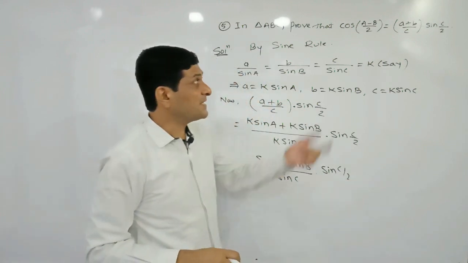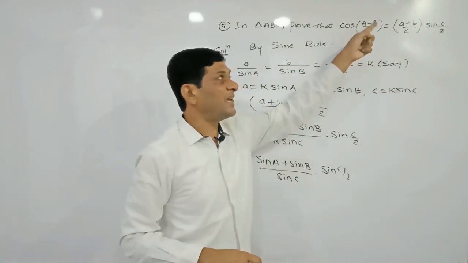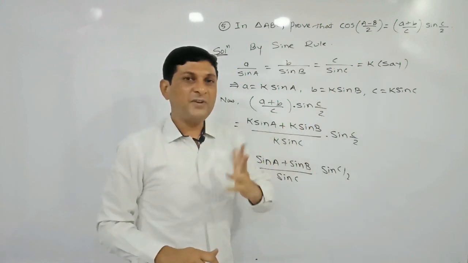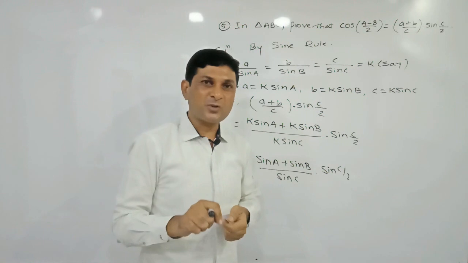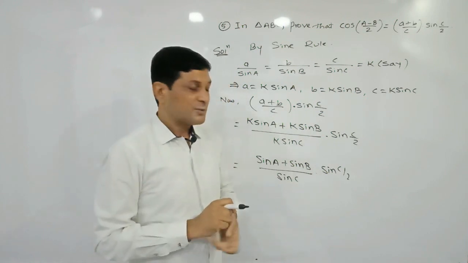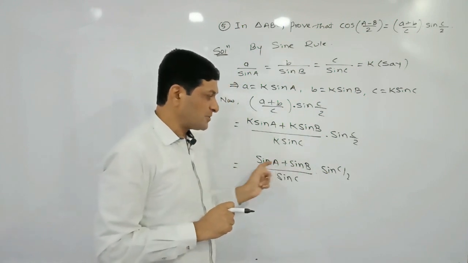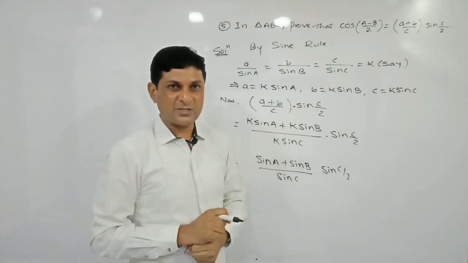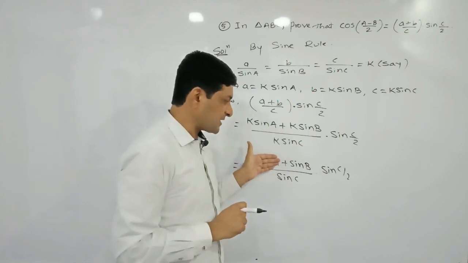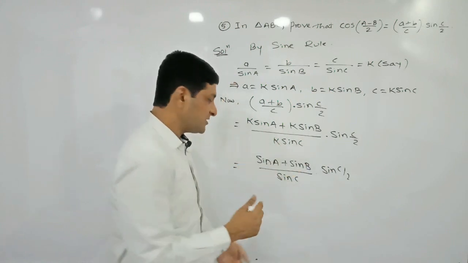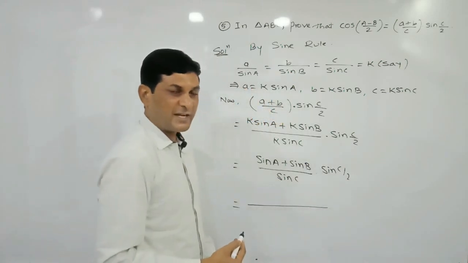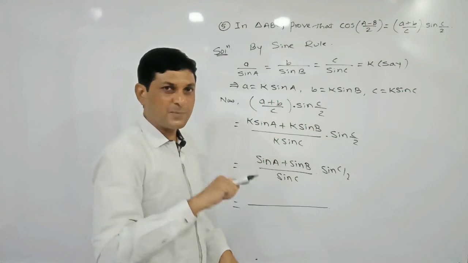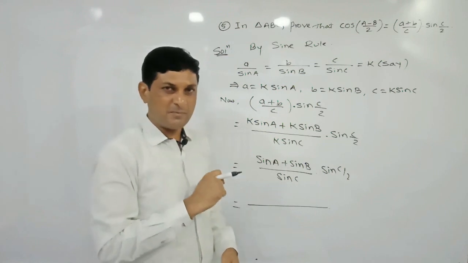Now, terms such as (A minus B) by 2 appear only in the case of the factorization formula. In the numerator we can apply the factorization formula, because the terms are in the form sine C plus sine D. According to the factorization formula, its value is 2 sine (C plus D) upon 2 into cos (C minus D) upon 2.